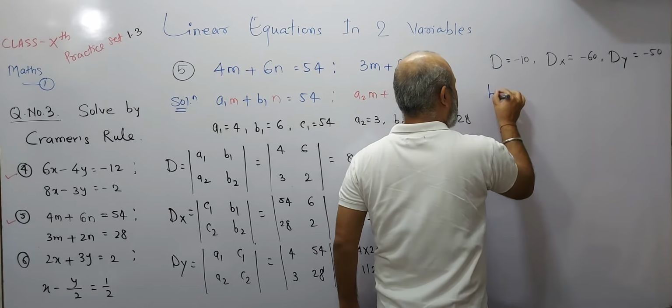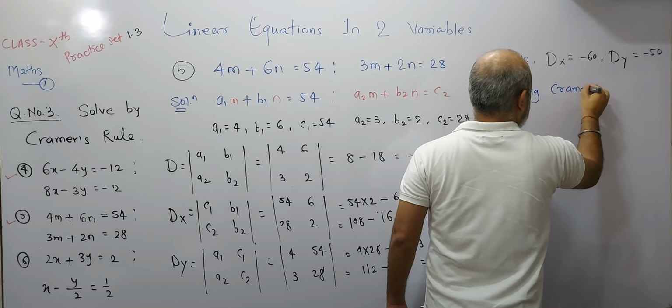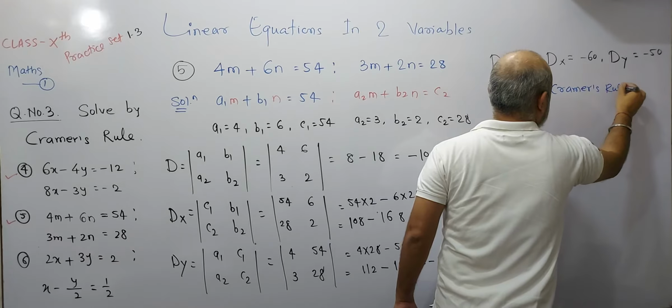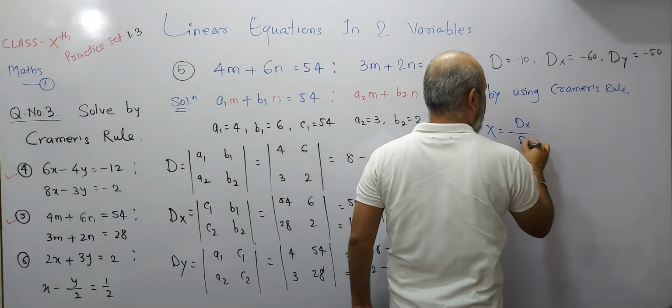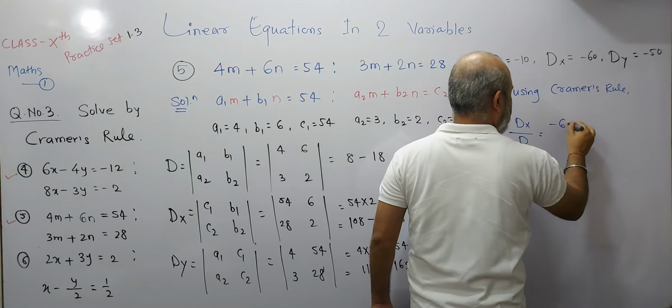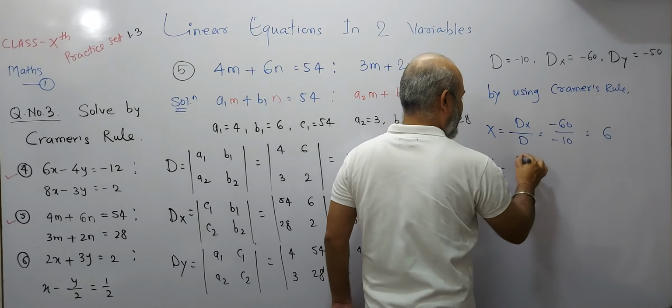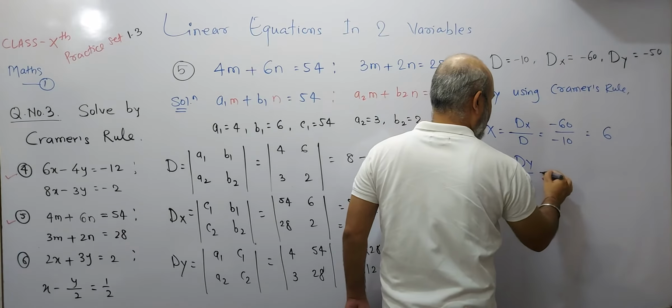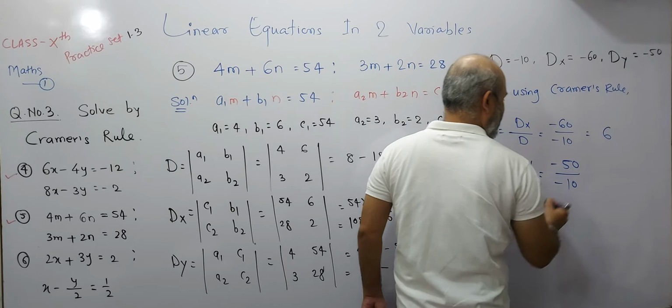Now by using Cramer's rule, what is x? x is dx upon d. dx is minus 60 divided by d, which is minus 10. The negative sign will cancel out, 10 6s are 60, so you will get 6. Similarly, y is dy upon d. dy is minus 50 upon d which is minus 10.